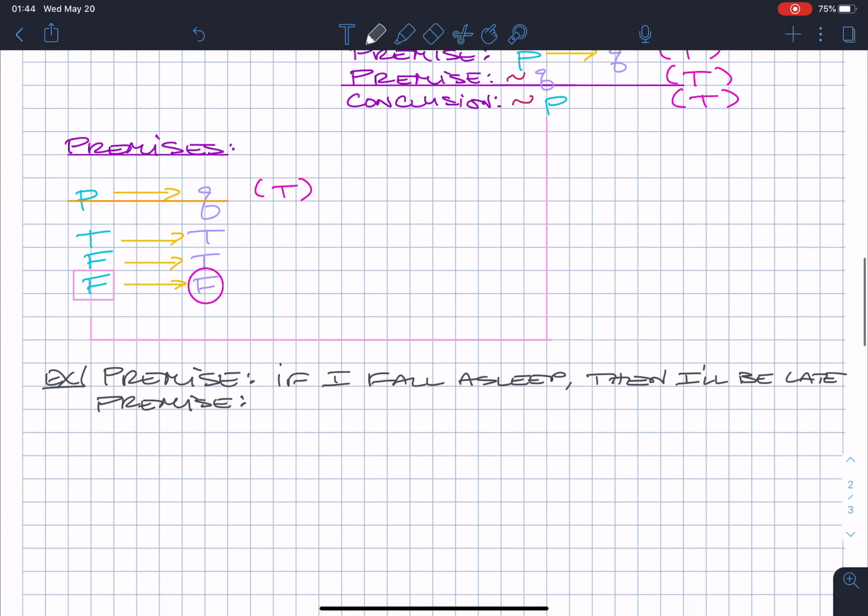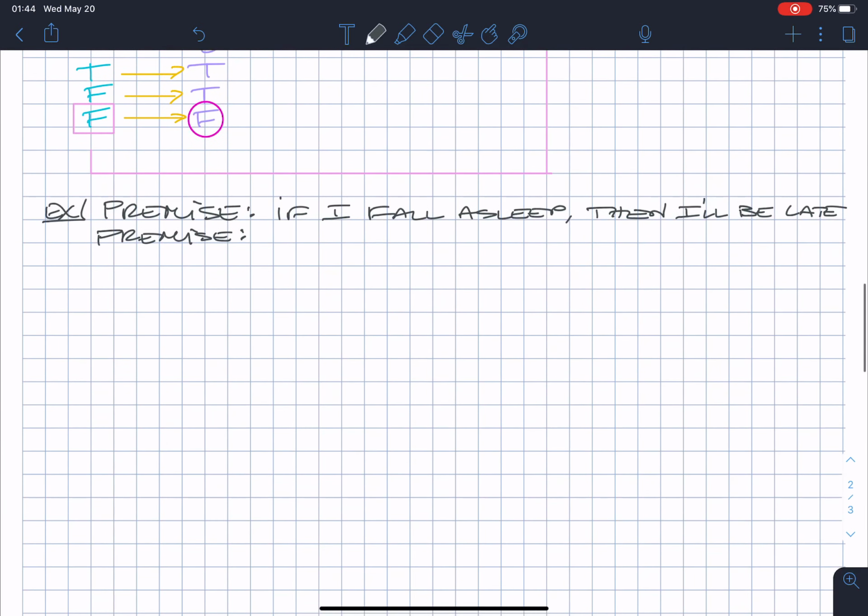Not Q, right? So Q would be I'll be late, so not Q would be I wasn't late. So my conclusion must be that I did not fall asleep. That is, my conclusion is not P.